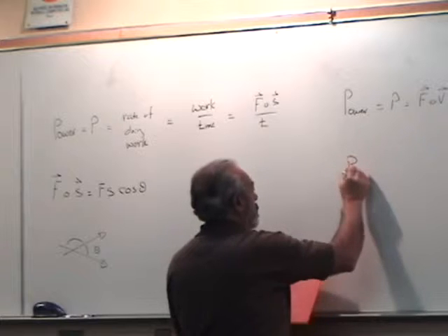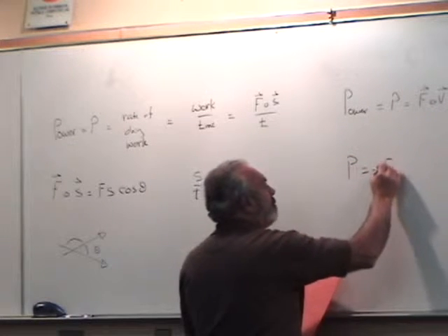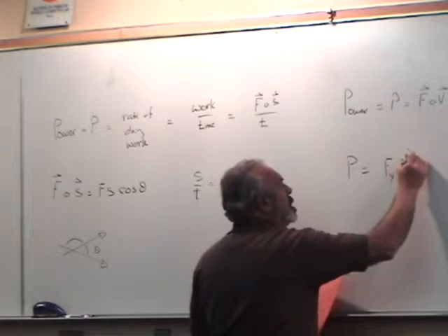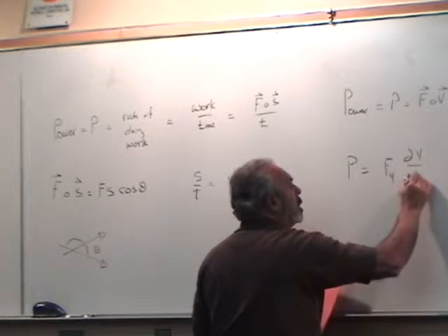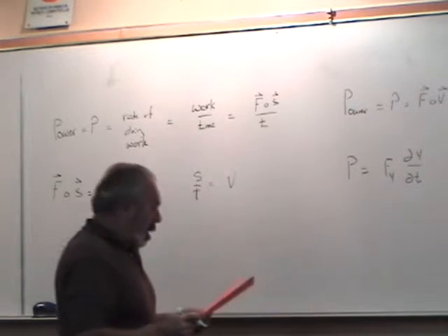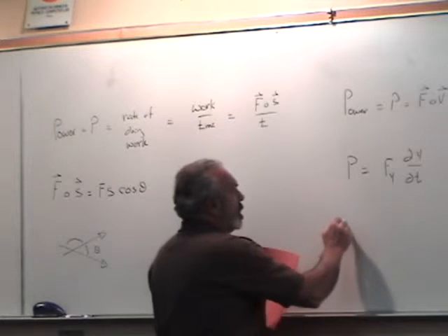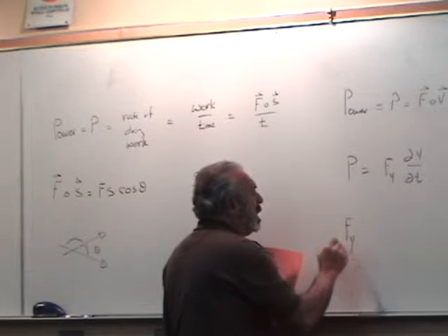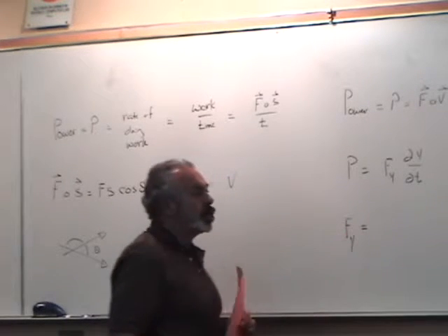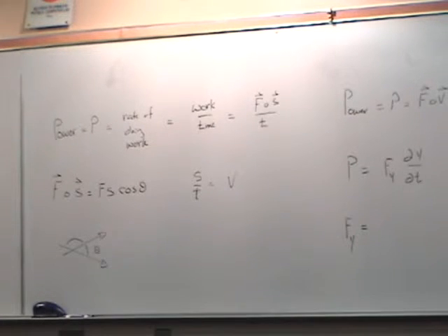P, power, is going to be F in the y direction, dy dt. But F in the y direction is going to be easy to get also. It's really just a trig function, as you can see.